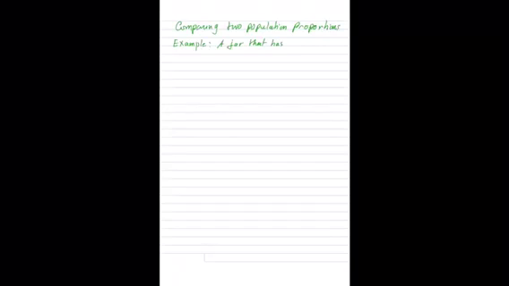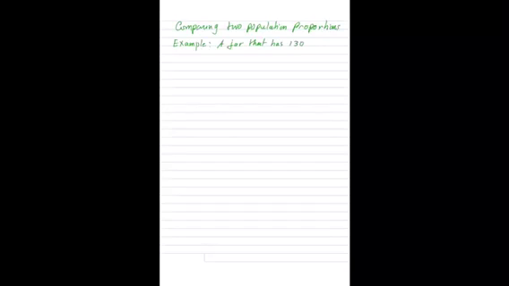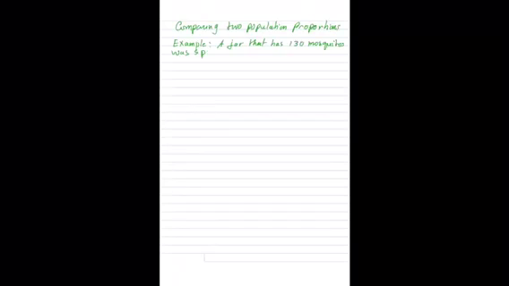A jar containing 130 mosquitoes was sprayed with an insecticide of brand A. So a jar that has 130 mosquitoes was sprayed with brand A insecticide.